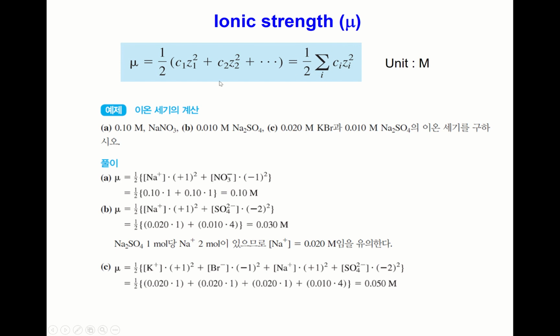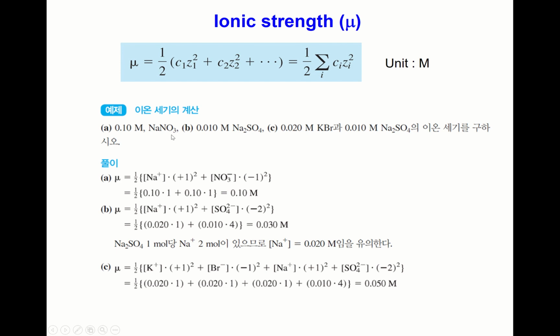So here is an example. Let's calculate the ionic strength. There are three examples. The first one is 0.10 molar sodium nitrate. Very simple. You simply follow this equation: mu equals 1/2 multiplied by the sodium ion concentration. Sodium nitrate completely dissociates in water, leaving only sodium ion and nitrate ion.